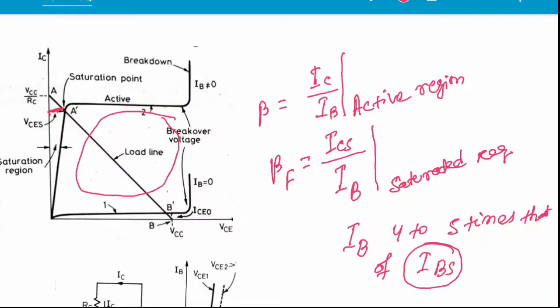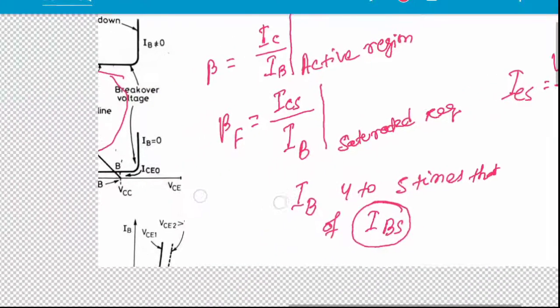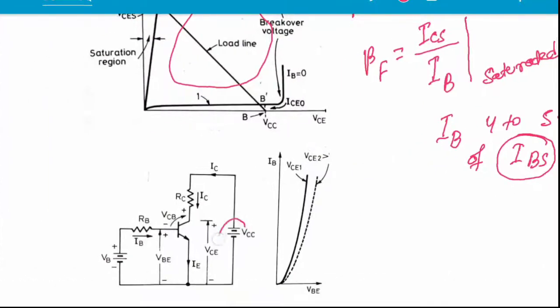So this is the collector current for the saturation point, and ICS, that is saturation current, is VCC minus VCES by RC. The VCES is the collector to emitter saturation voltage, and VCC is the provided collector voltage.